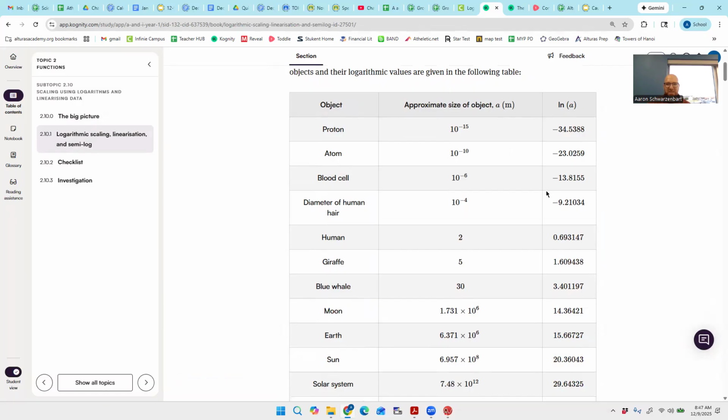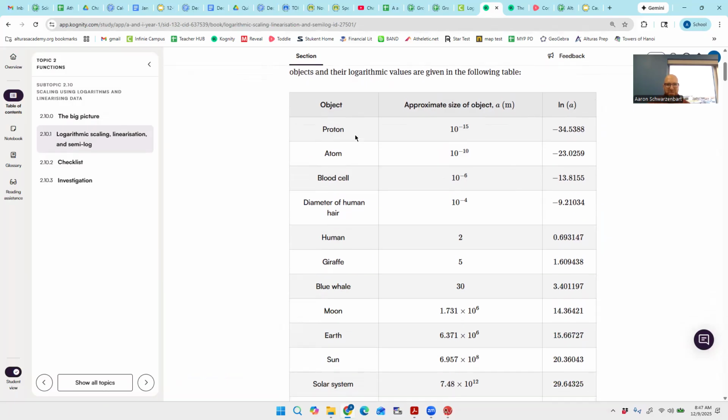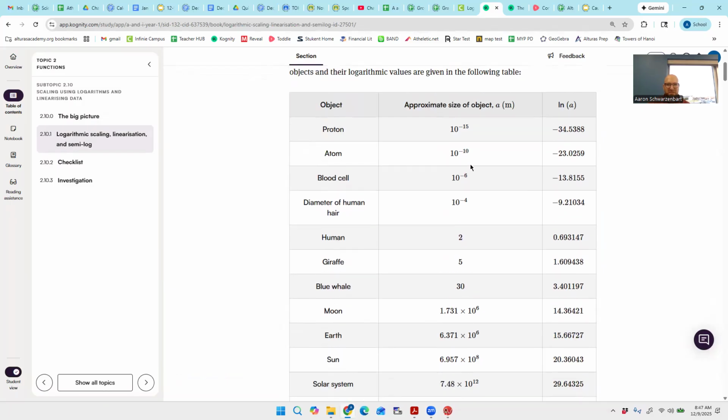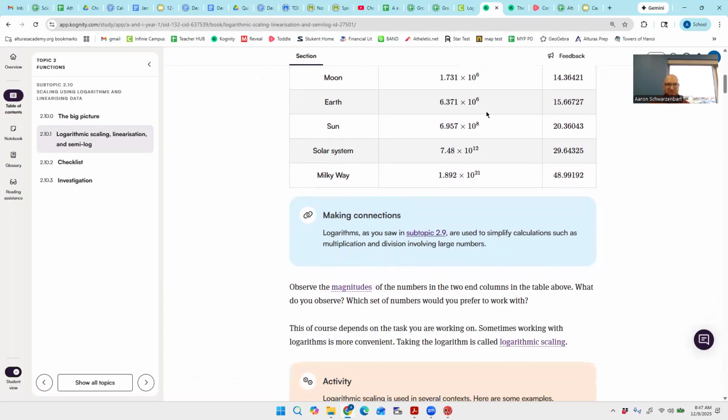So here we've got an object and its approximate size in meters. From the proton to the atom to the blood cell, diameter of human hair, a human, I guess that's height, a giraffe, a blue whale, the moon, the earth, the sun, the solar system, the Milky Way.